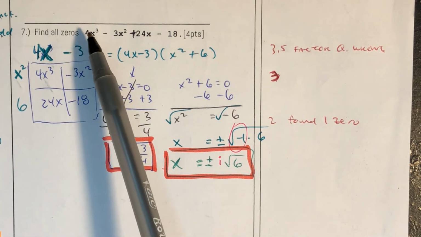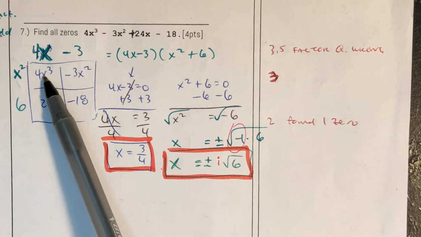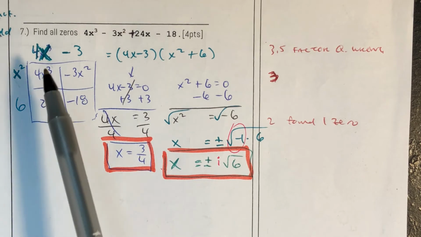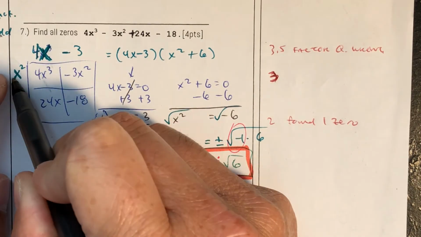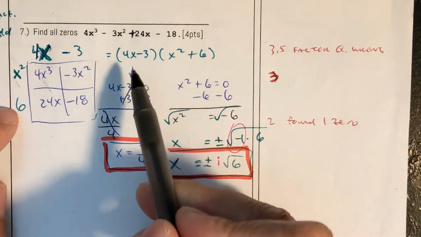Put your 4 terms into the box. And then you're just finding out your greatest common factor. So here, x squared, 6, 4x, and then negative 3.